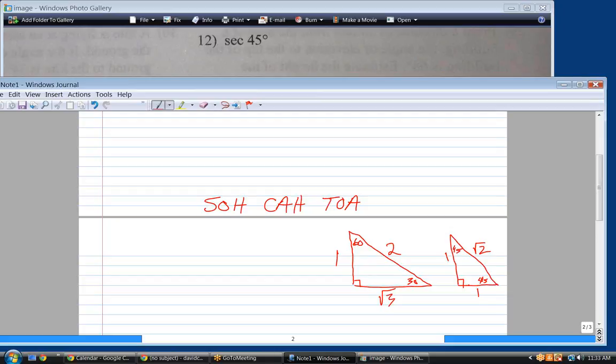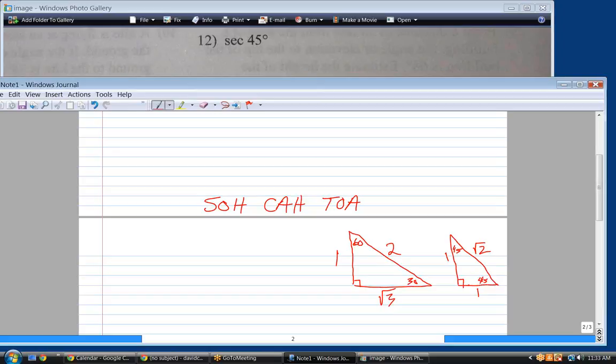You know it's either cosine, and it's cosine because it has to have a co in it. So how do you change that into cosine? You can take either angle. They're each 45.